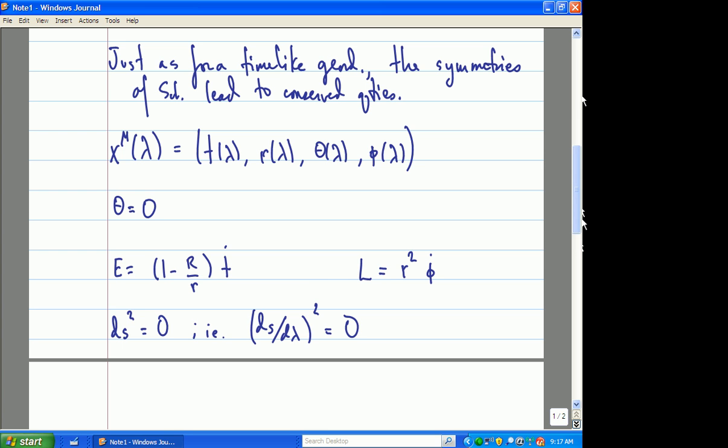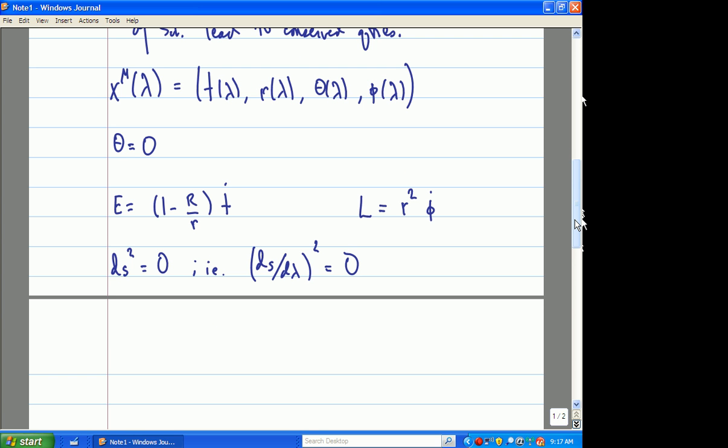So if we plug that in to the Schwarzschild metric, that says that 0 is equal to minus (1 minus R/r) t dot squared plus (1 minus R/r) inverse times r dot squared plus r² φ dot squared. So here I'm just going ahead and plugging in the equation for (ds/dλ)² into the expression for the Schwarzschild metric. Is that clear?